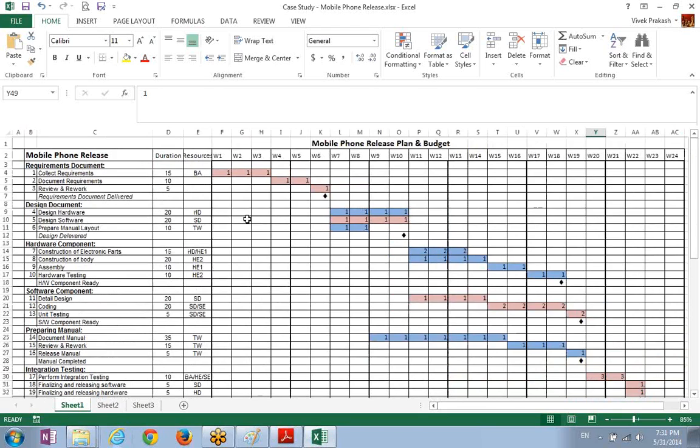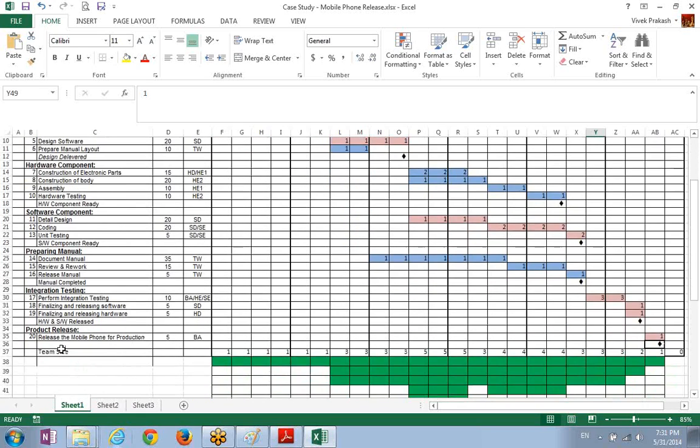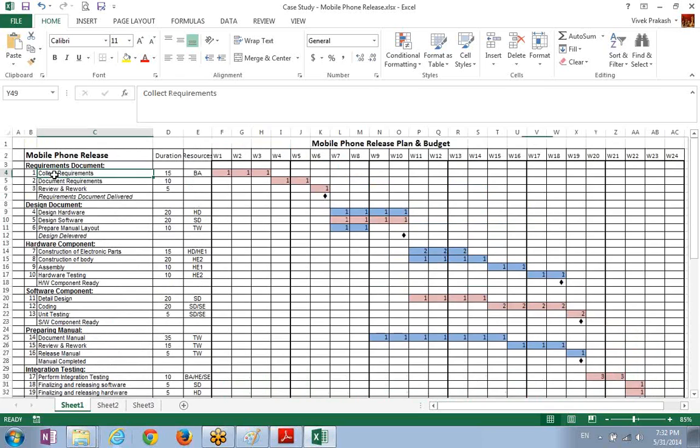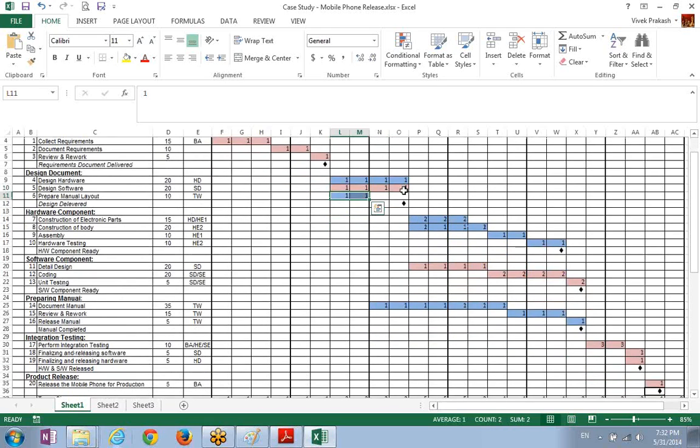I created it week-wise, and I put the complete scope here, and based on this I have provided the line that it is 3 weeks, then 2 weeks, then 1 week. This is going in sequence, this is going in parallel, and this is going in parallel. And then after design is completed, we go with this.